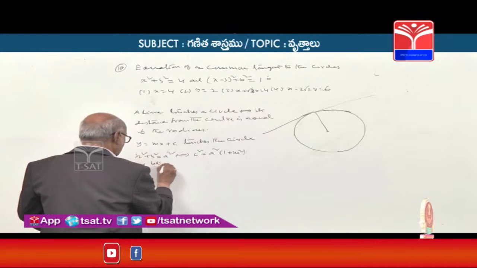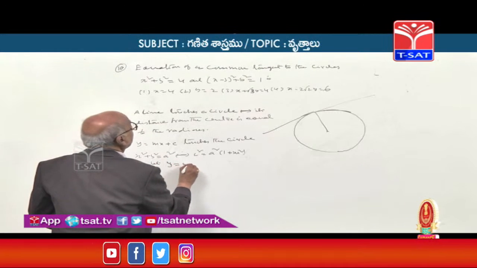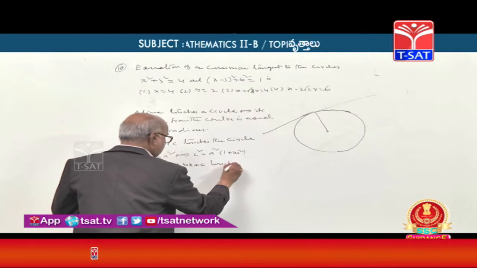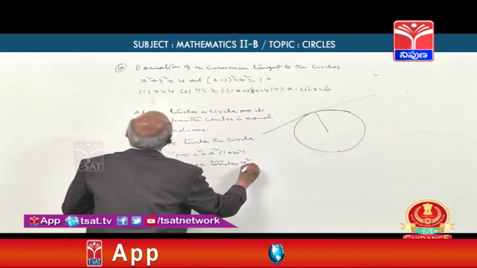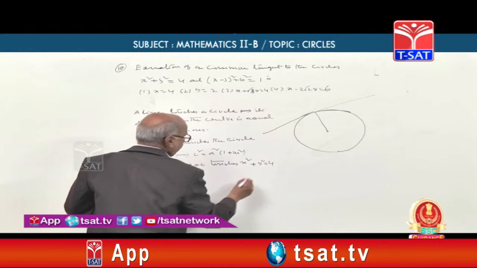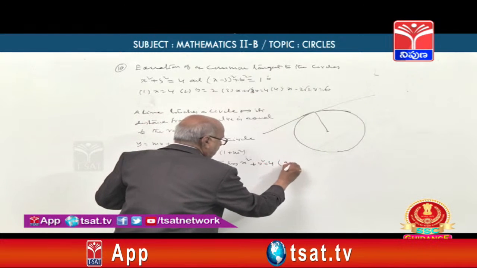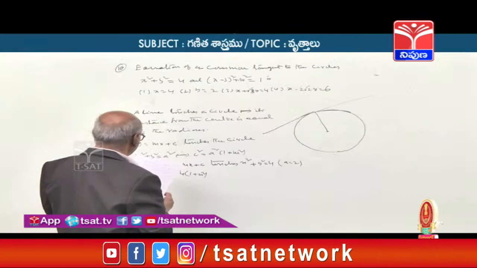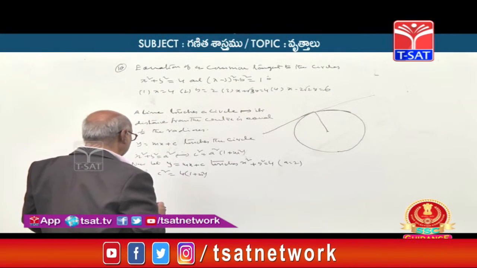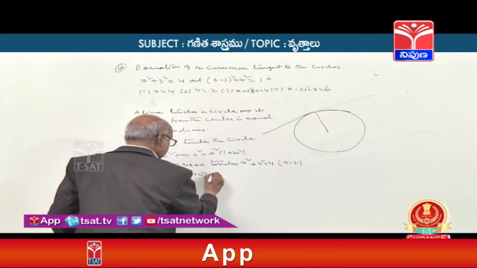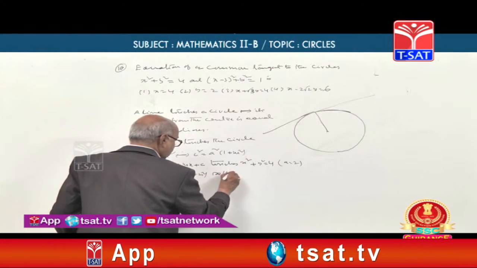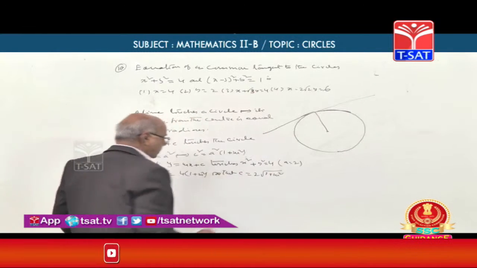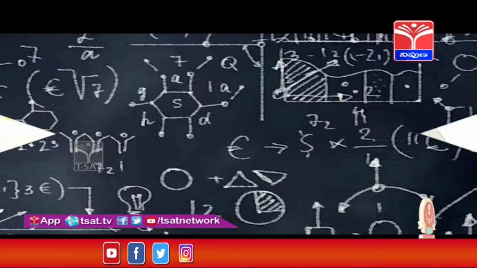Now, let y is equal to mx plus c touch x square plus y square is equal to 4. So, here a is equal to 2, that implies c square is equal to 4 into 1 plus m square. We can take c is equal to 2 into root over 1 plus m square.